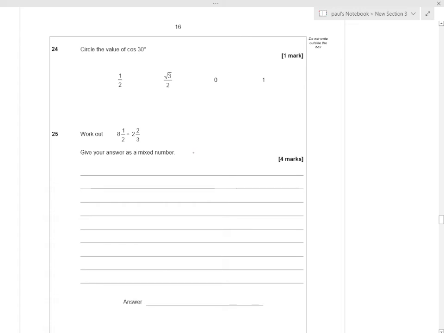Circle the value of cos 30. Now this is the table of common cos, tan and sine. It's trig, common trig values.